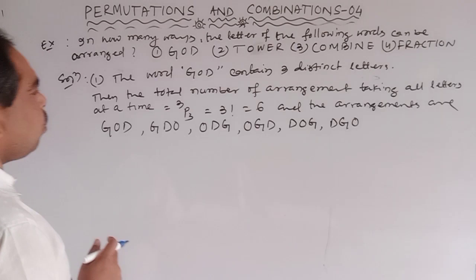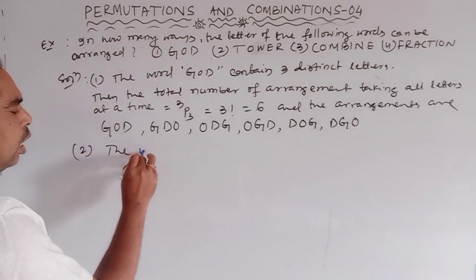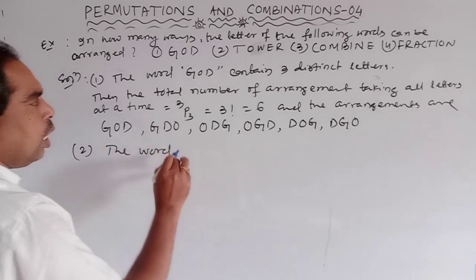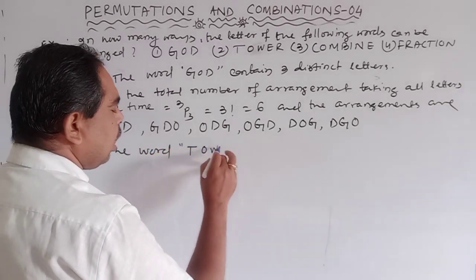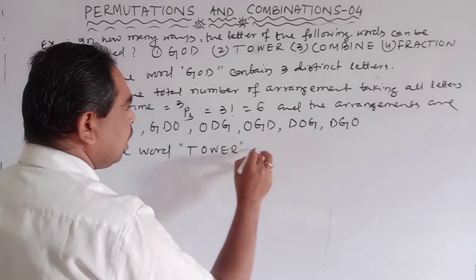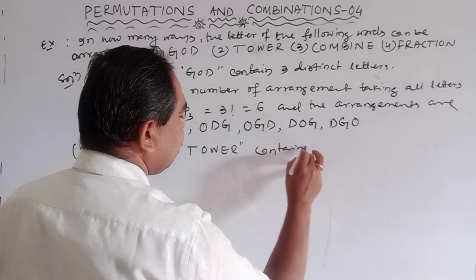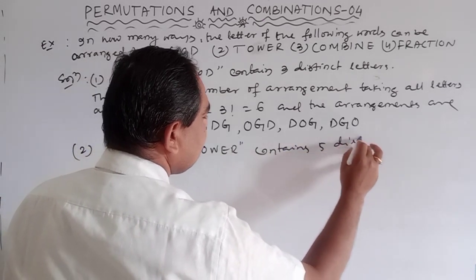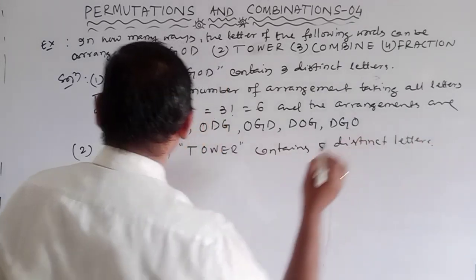Okay. Similarly, question number 2, the word tower. The word tower contains 5 distinct letters.